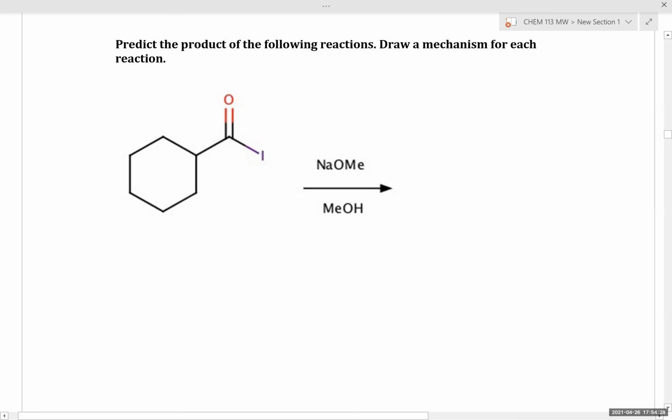So this time, are we under acidic or basic conditions? Looking at these reaction conditions, are we under acidic or basic conditions? Basic conditions. We have the nucleophilic basic species methoxide in solution.